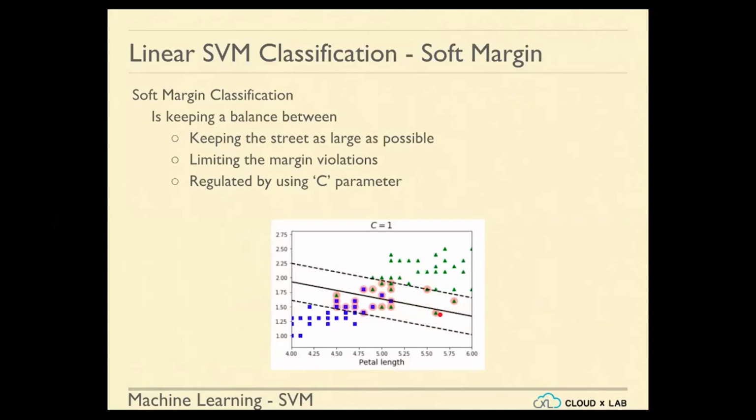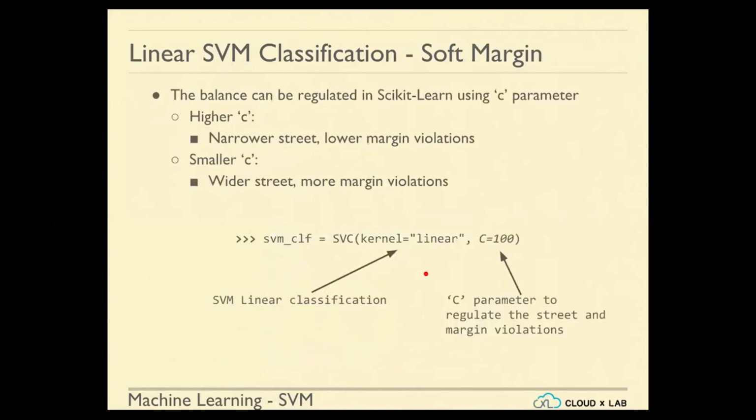If the street is wider, there will be more violations, right? So basically, there's a balancing act. On one hand, we want to keep the street wider. On the other hand, we want to keep the violations lower, right?